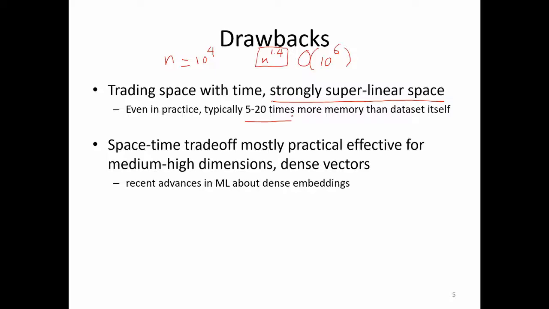Now, if you have medium to high dimensional data, the whole processing is also linearly dependent on the dimension of the data. But it's effective if you have medium to high dimensional data with a lot of data points.